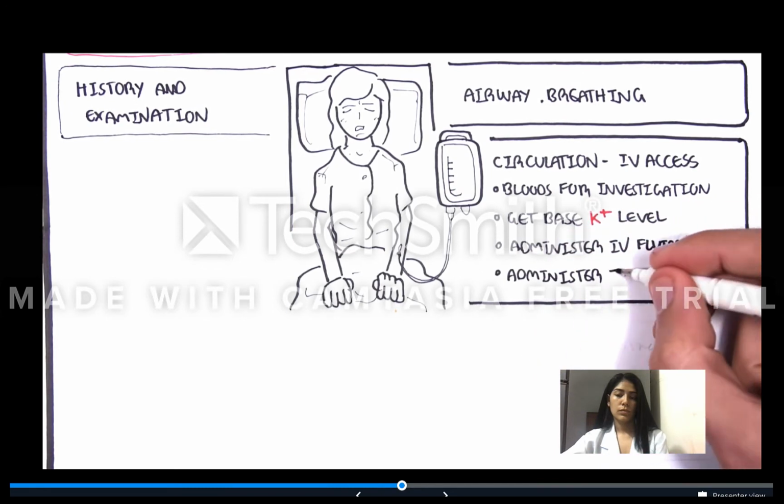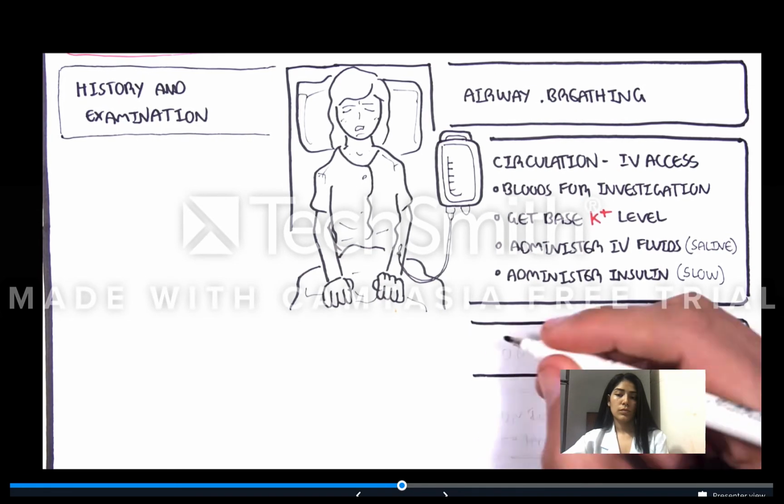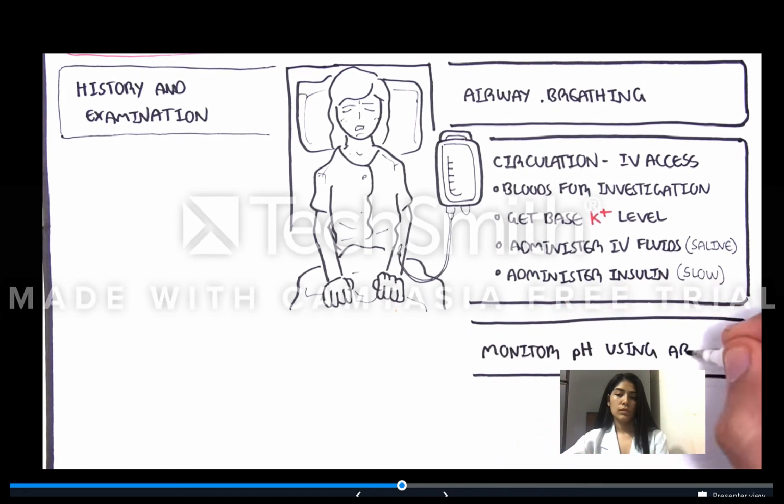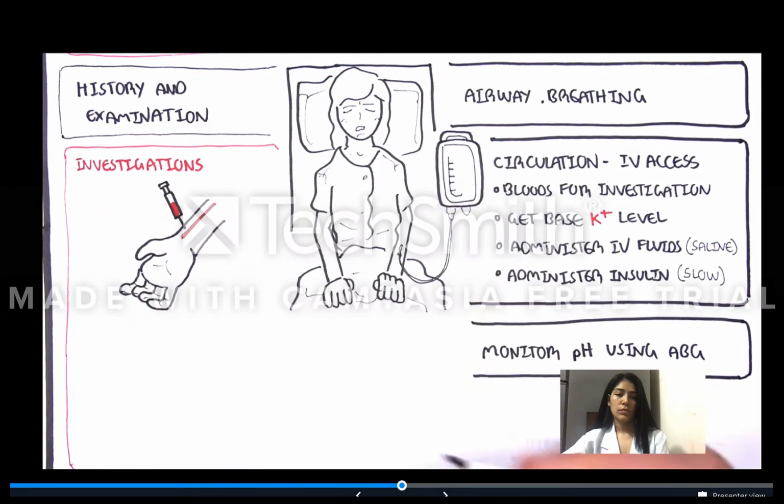Administration of insulin is important because we want the cells in the body to take up the glucose that is in the blood. While this is going on, investigations have to be performed. So ABG, which is arterial blood gas, is very important to measure the pH in the blood, and this needs to be done regularly.